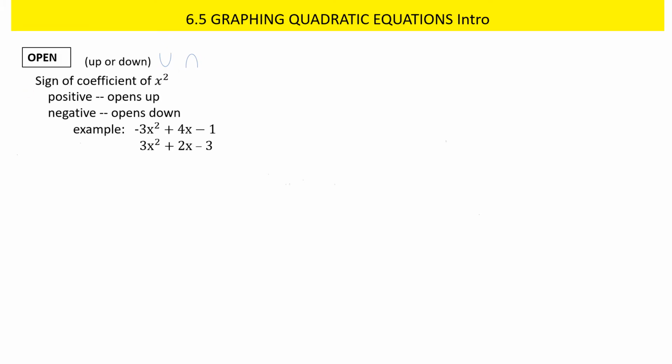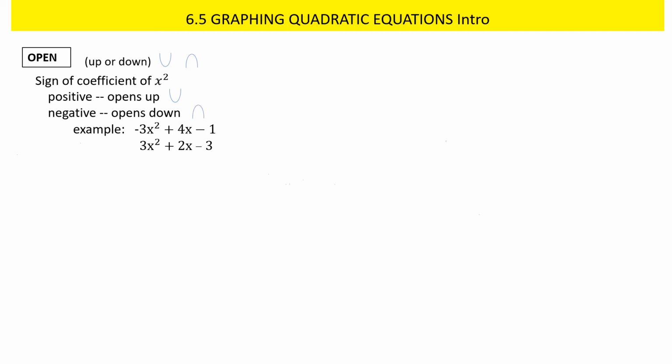You're going to look at the equation that they give you, and look at the sign that's in front of the x squared value. I don't care about the number, I only care about the sign. If that sign is positive, it's going to open up. And if that sign is negative, you're going to sketch the one that opens down.